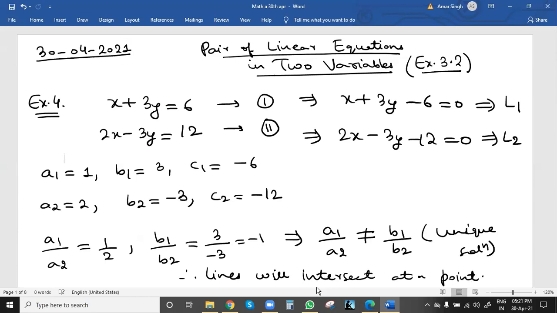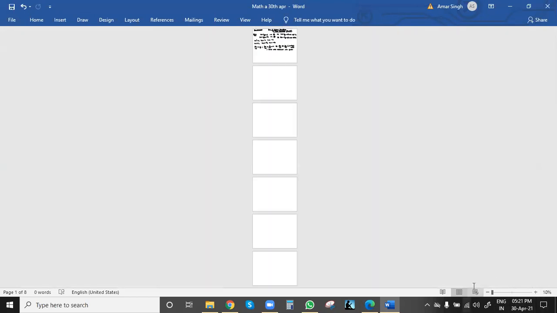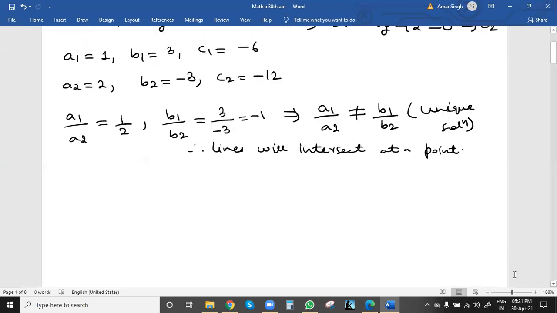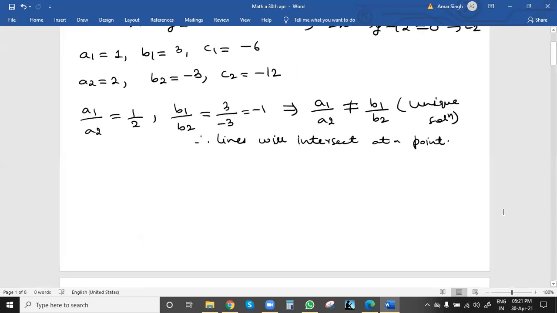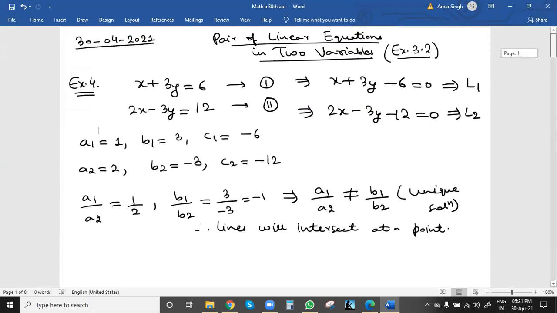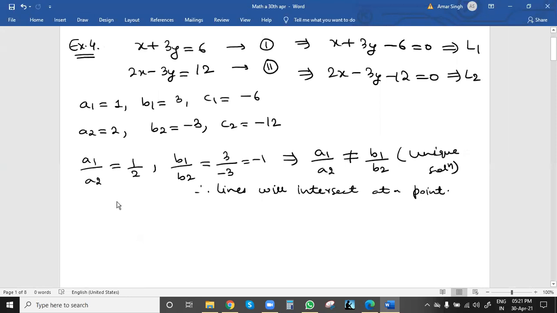Unique solution means we get one solution, and for infinitely many solutions also the pair of linear equations is consistent. So we can write that the pair of linear equations is consistent, because if we have a unique solution or infinitely many solutions, then the pair of linear equations is consistent.